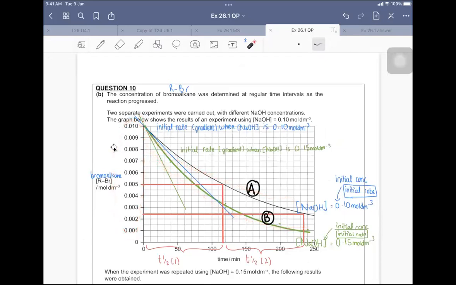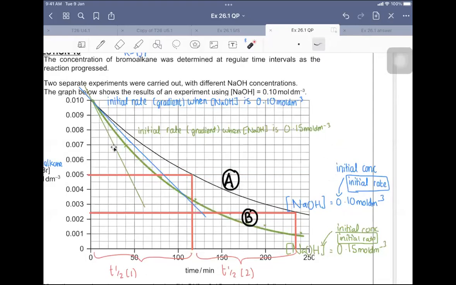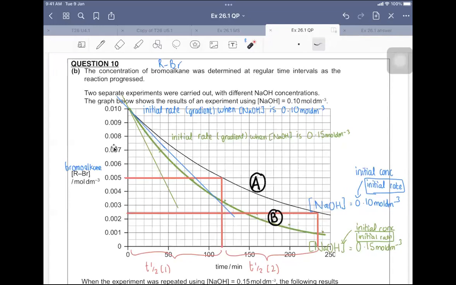So please take your time to really understand this question. If you want to try this question, question 9 is of the same format. You can try and check your understanding later on when I have provided you with the mark scheme.